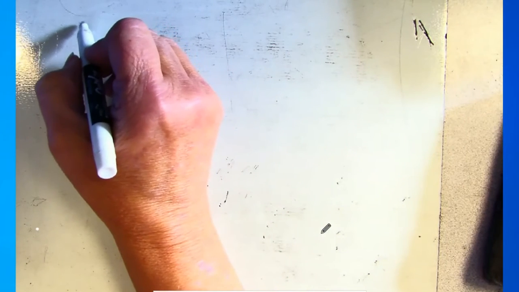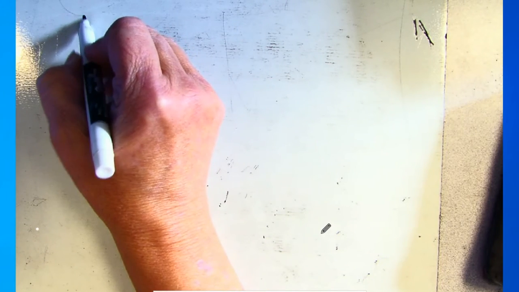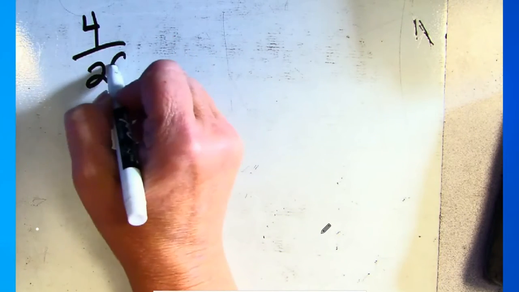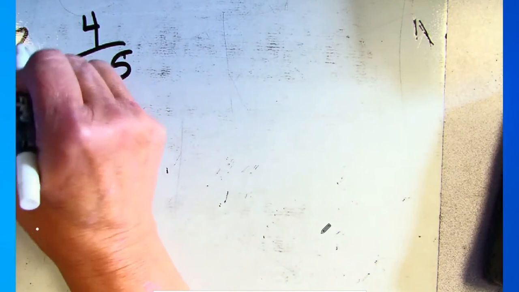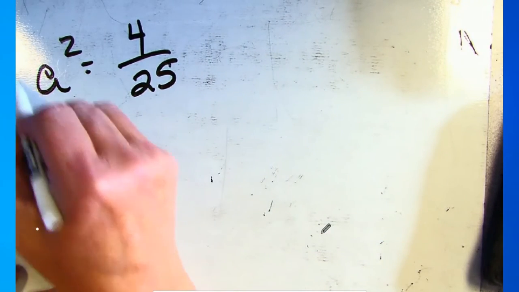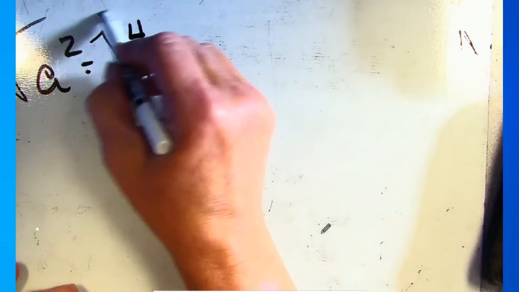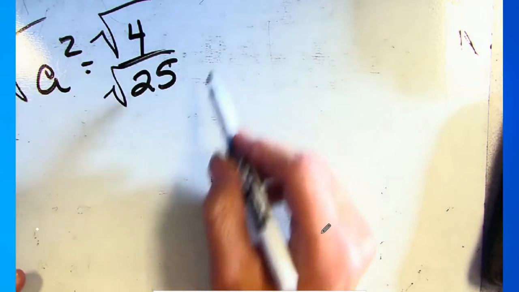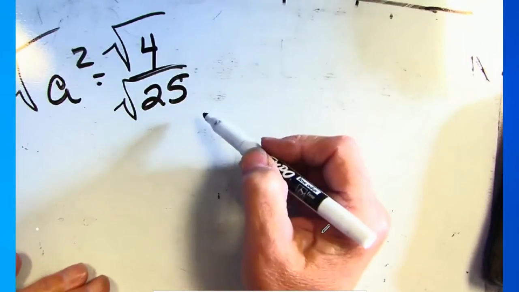All right, what about if I gave you something where I had a fraction? What if I said a squared equals 4 over 25? So you would take the square root of both sides. You take the square root of 4, you take the square root of 25, because these are like 2 separate things.